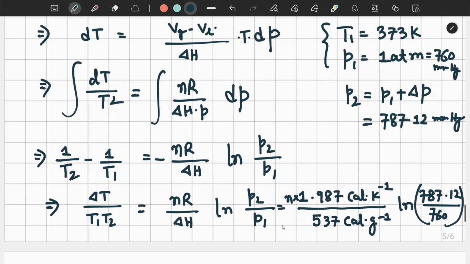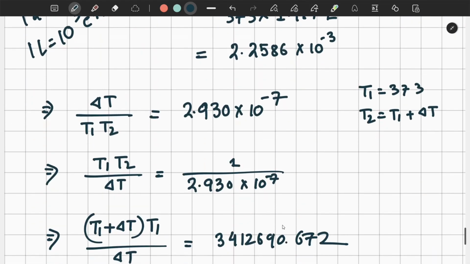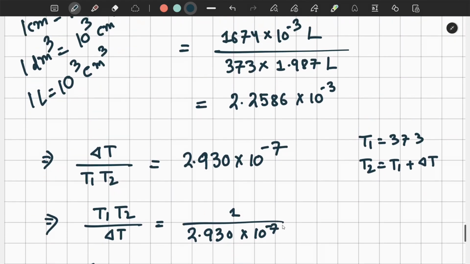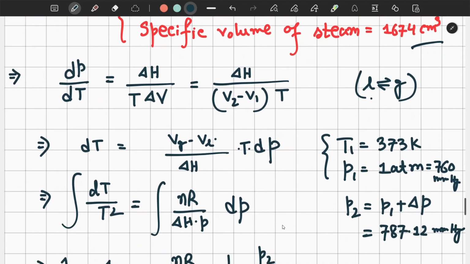But there is a different approach. You can also check that approach as well. Not another formula, but a different approach. Okay, I'll check that approach. Just consider the basic Clapeyron equation. You don't need to convert the process Clapeyron from this equation.